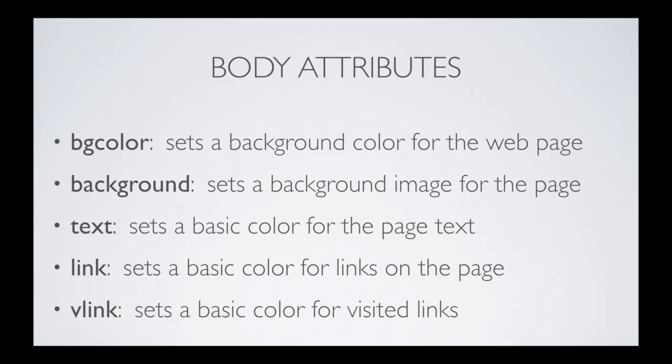Now, you might be familiar with the fact that when you visit a web page, the links are usually blue. But when you click on a link and then you return to that page, the link turns purple. Blue is the color for links, and purple is usually the color for a visited link. However, you can change these colors using these attributes for the body tag.